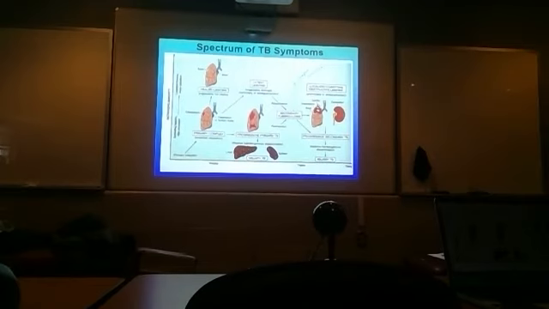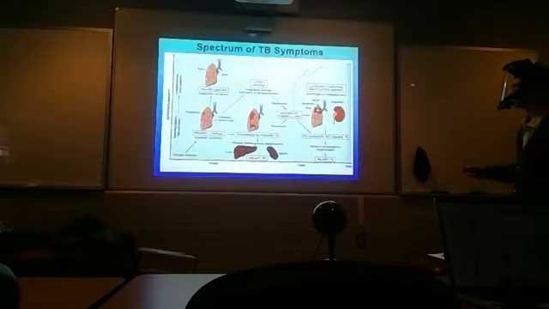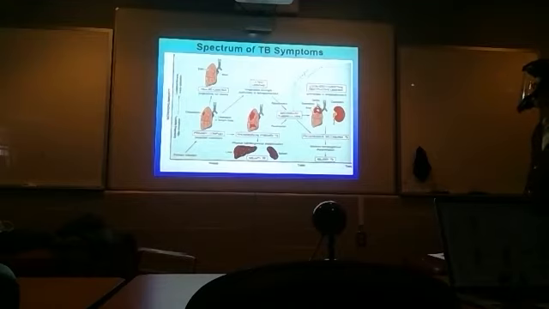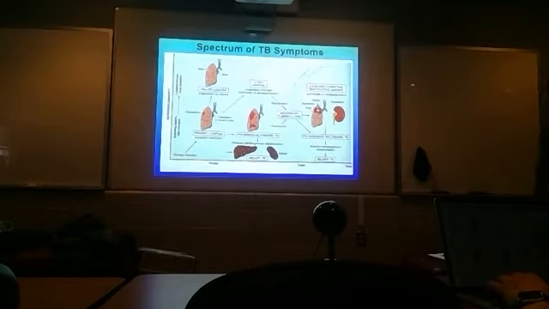Still, other possible outcomes. The immune system, with its very vigorous response, can take out the organism along with lots of lung parenchyma at the same time, in which case you get extensive cavitation and caseation in the apices of the lungs. This person would be symptomatic. They'd be coughing up a lot of necrotic material.